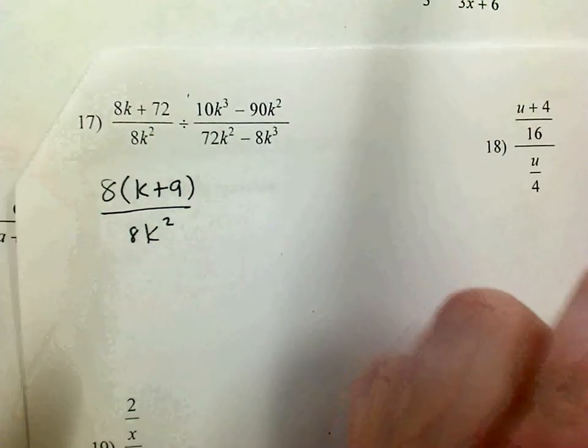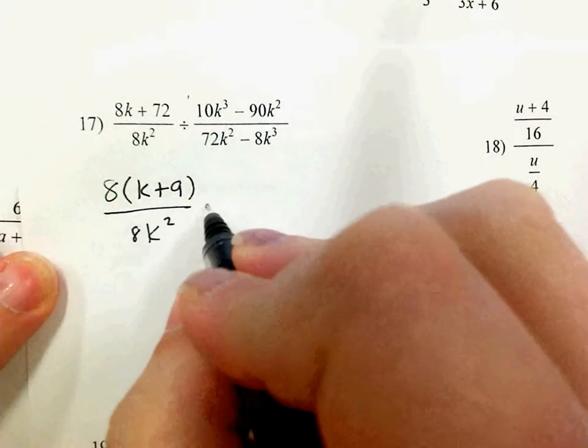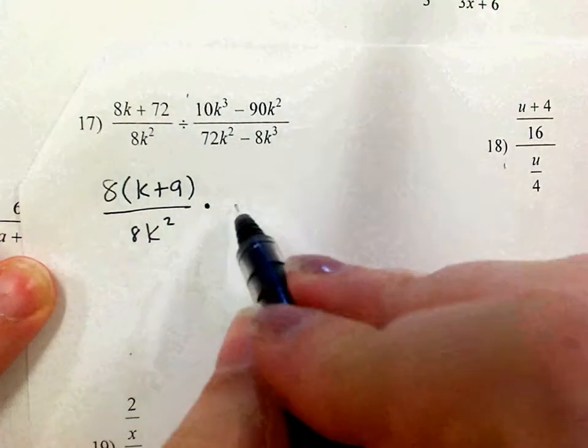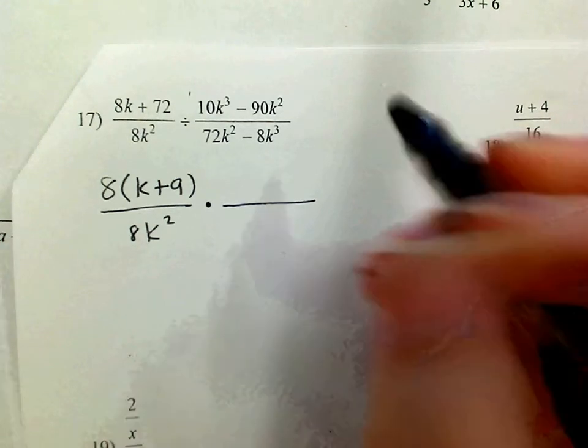We're on 17. Okay, now what? Yeah, factor before I write them down. Okay, so are we all in agreement that this is the one that's going to go here? Remember, I'm going to flip the fraction.